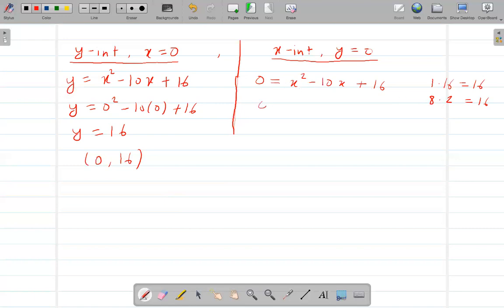So the first and the last term are going to stay the same. Instead of writing negative 10x, using one of these pairs, let's say I use 8 and 2, because negative 8x and negative 2x make negative 10x, right? Now I can split this into two parts.